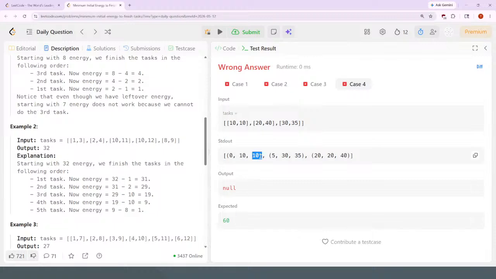So in theory, I'd have 10 as my low here. So I start with 10. And then I add 30 and then 20. 10 plus 30 is 40. 40 is bigger than 35. Okay, I need to test this thing.